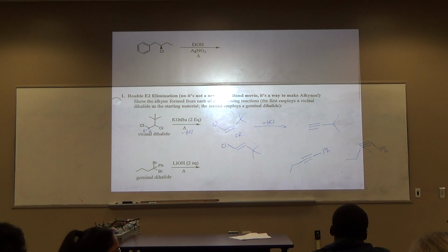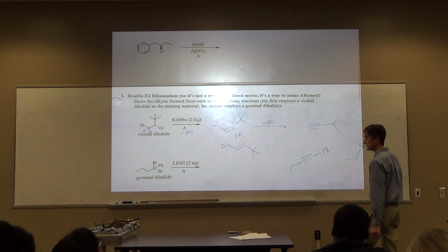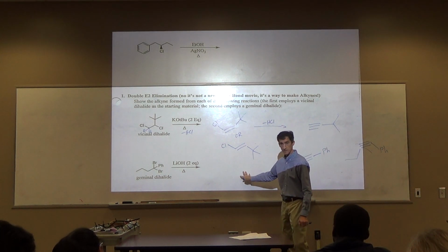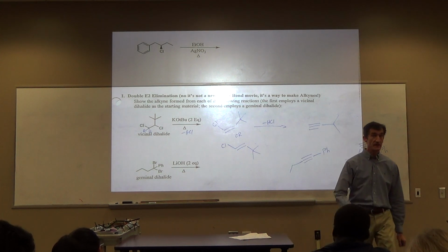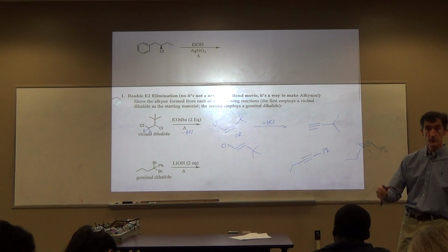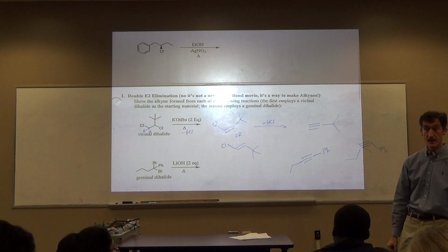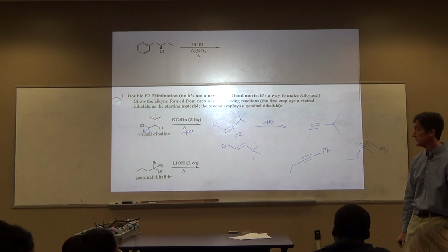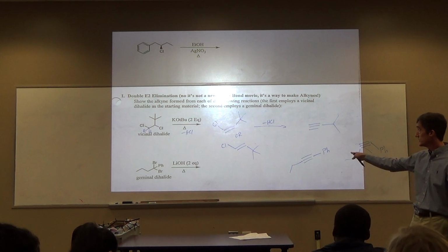Do an E2 and then do it again. There's an intermediate down here, right? What type of functional group does the intermediate have? That is, after you do one E2, you get a what? Alkene. And then when you eliminate again, you get the alkyne. I didn't show the intermediate down there.